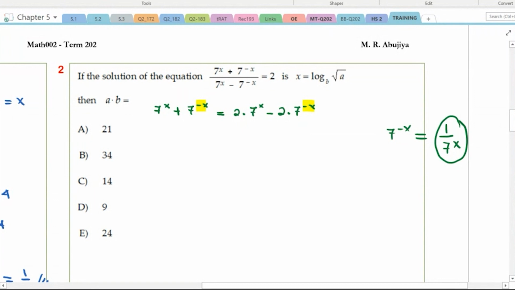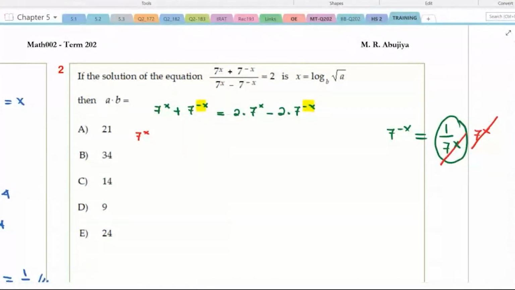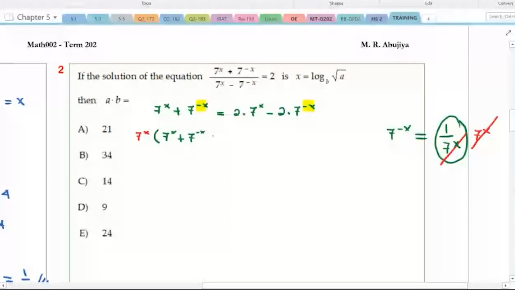I will multiply both sides by 7 to the power of x, because this we cancel with this one, and then we are going to get rid of the fraction. So here we multiply the left side by 7 to the power of x, and here we get 7 to the power of x plus 7 to the power of minus x, and then multiply also this side by 7 to the power of x.